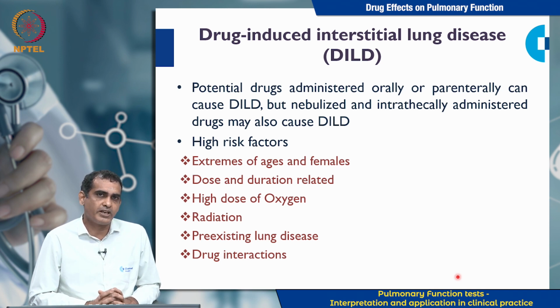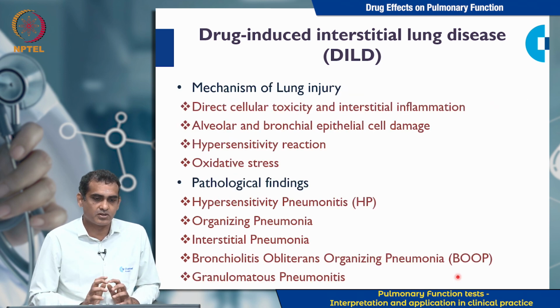And if you use those drugs along with high dose oxygen for a long time, then the chance of ILD is more. If the patients are receiving radiation in addition to the medications, then they are more prone. If they have pre-existing lung disease or drug interactions, then all these are going to contribute to more risk of getting ILD with these medications.